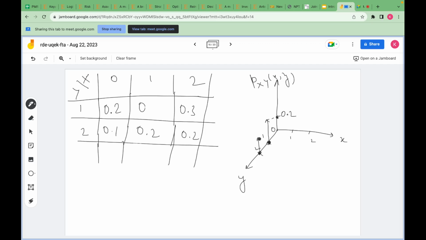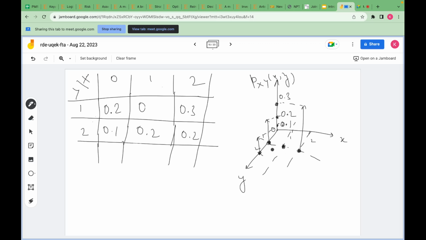For x equal to 1 and y equal to 1, this value will be 0. For 1 comma 1, the probability mass function is 0. For 2 comma 1, this probability mass function is 0.3, which is higher.